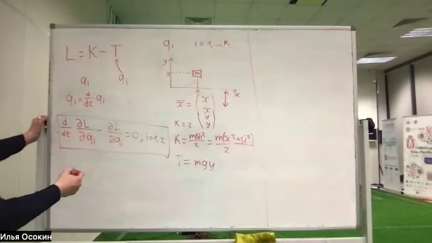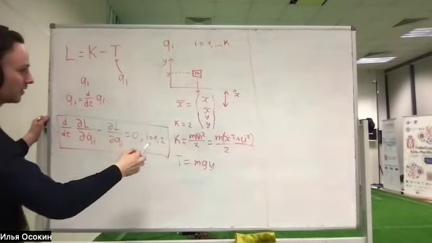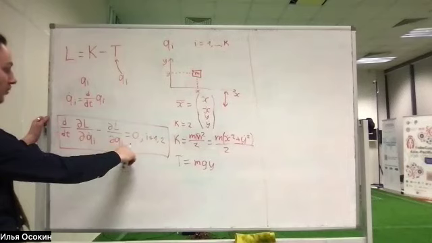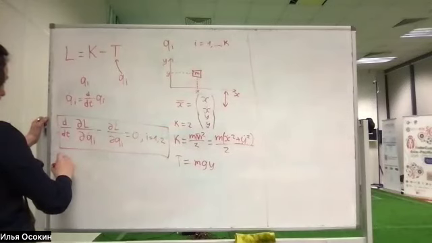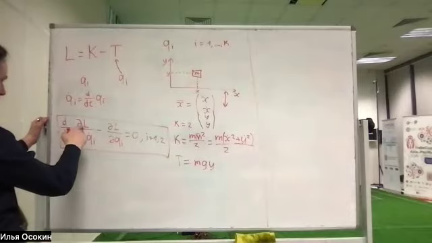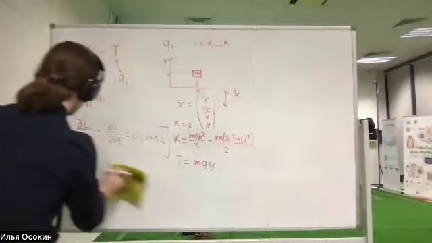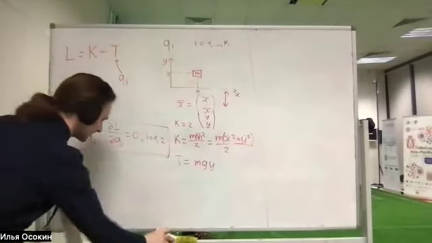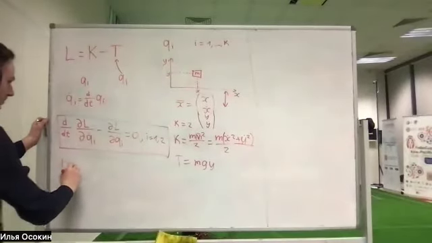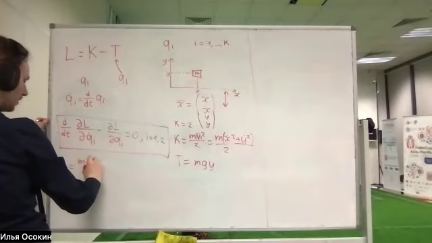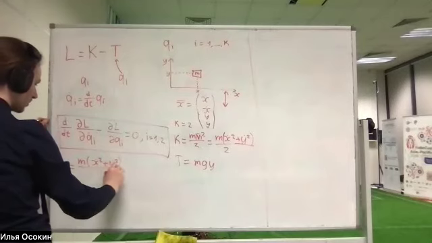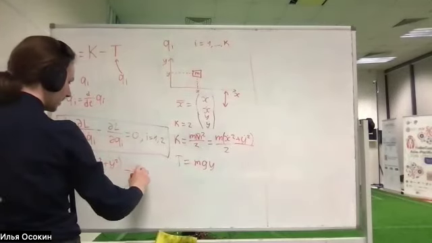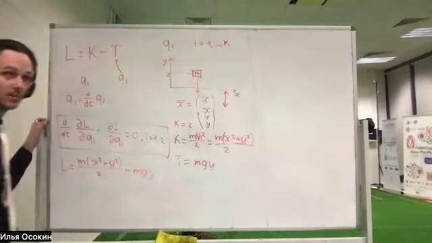First I'm going to obtain the equation of motion with q sub 1, the first generalized coordinate, which is x. So I'm going to write down d by dt of a partial of the Lagrangian. Let me write down the Lagrangian first, explicitly. The Lagrangian is equal to m times x dot squared plus y dot squared over 2, minus m g y.